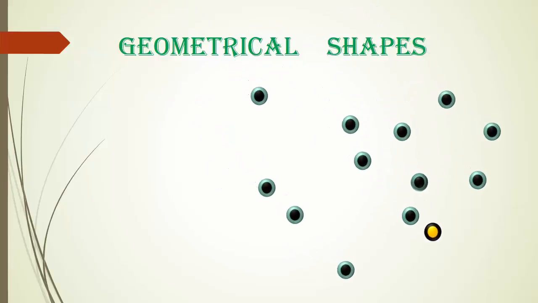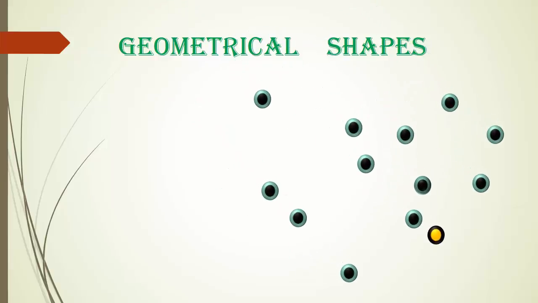Our marbles, when they have been thrown on the ground, we can identify some geometrical shapes from the pattern they form. That is, tracing lines from one pebble to the other. For example, three-sided shapes can be formed from this pattern as shown on the screen.